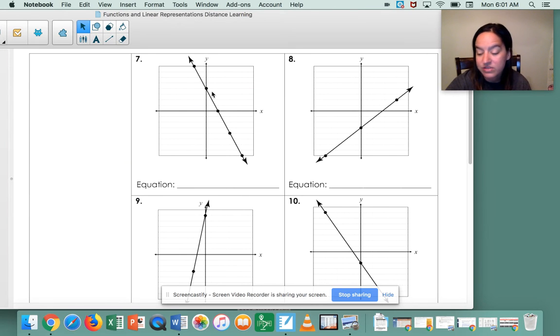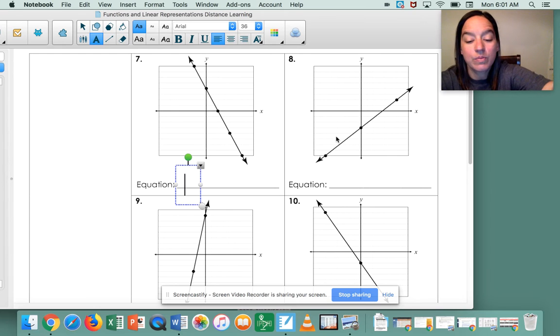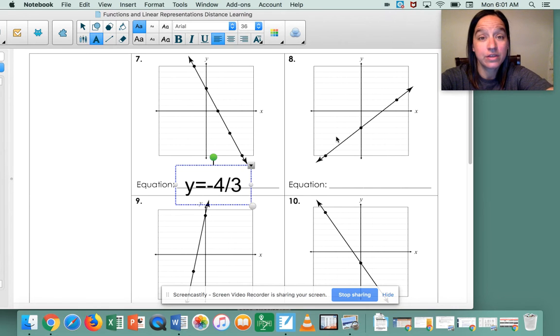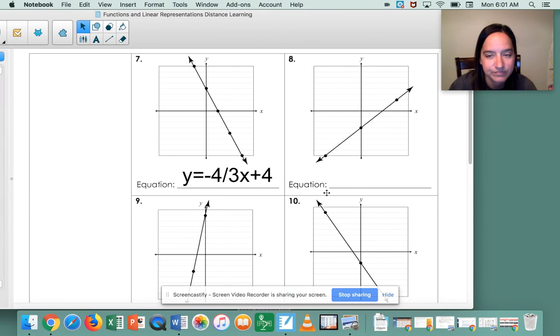That it crosses the y at 4, and then I'll note that it's a negative slope, and then I would say it's going down 4 over 3, and so therefore this equation for slope intercept form would be y equals negative 4/3 x plus 4. And that would be my slope intercept form.